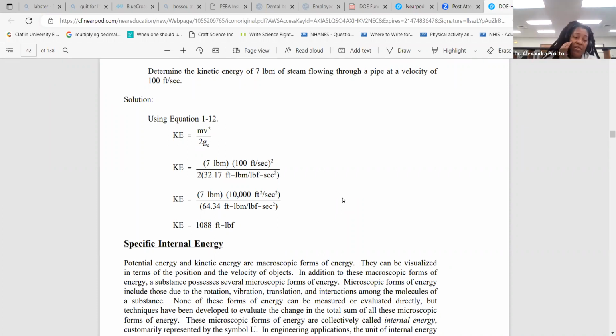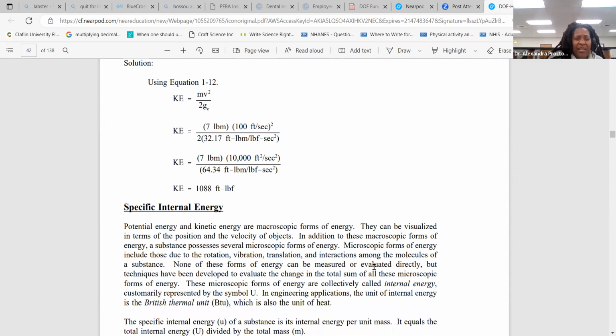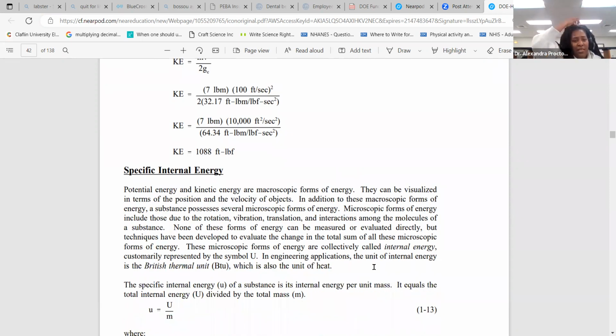So specific internal energy, potential, and kinetic energy are just macroscopic forms of energy. And they can be visualized in terms of position. As we said, potential energy is position. It's also stored energy. And the velocity of these objects. So in addition to these macroscopic forms of energy, a substance possesses several microscopic forms of energy.